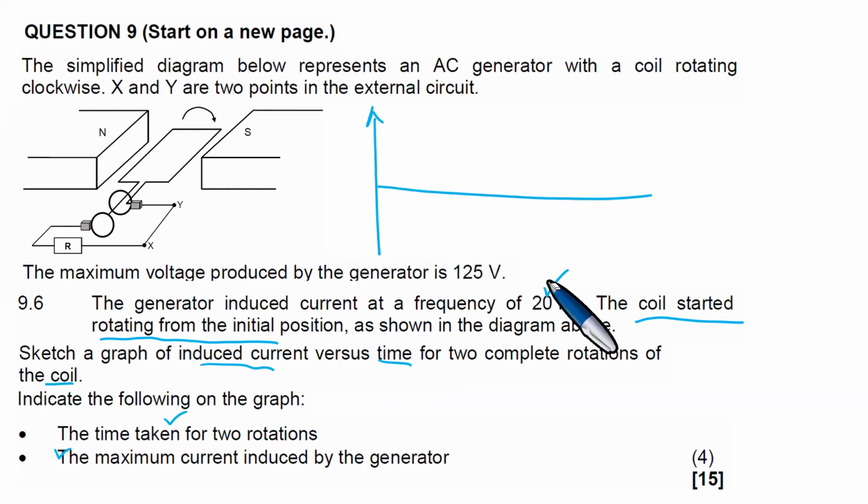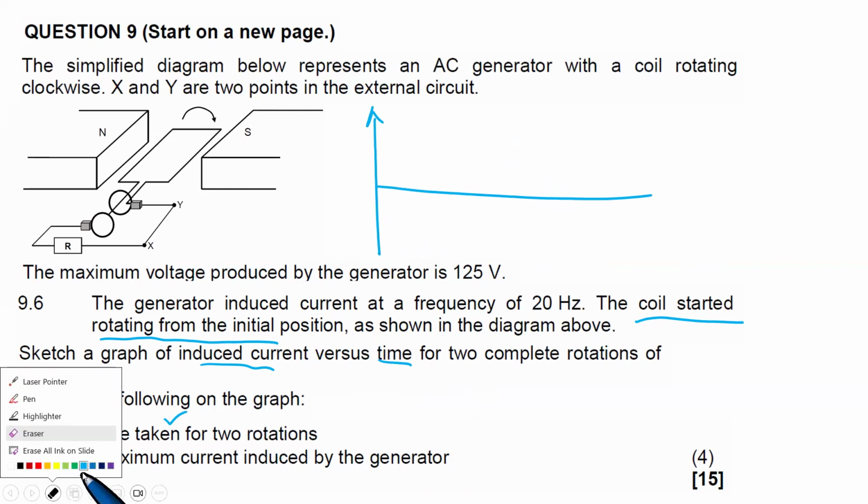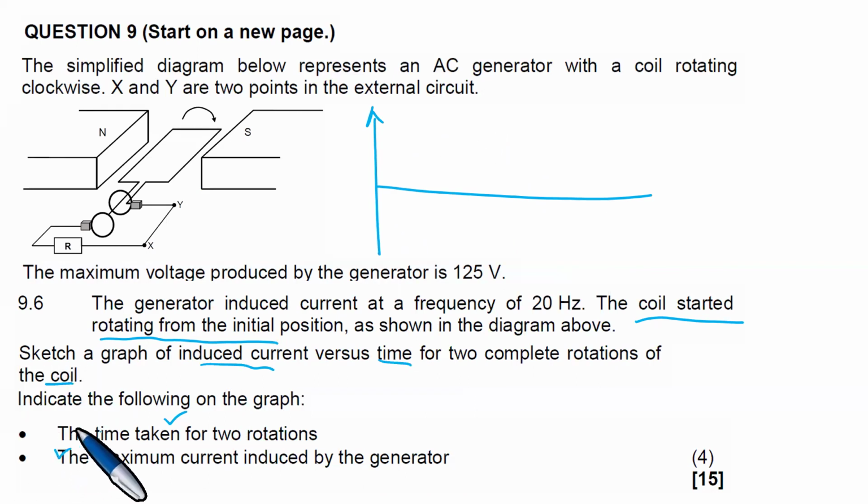So now let's just do this one. We've already dealt with these, but now if we need to sketch the induced current versus time, you're going to need current and time in seconds.